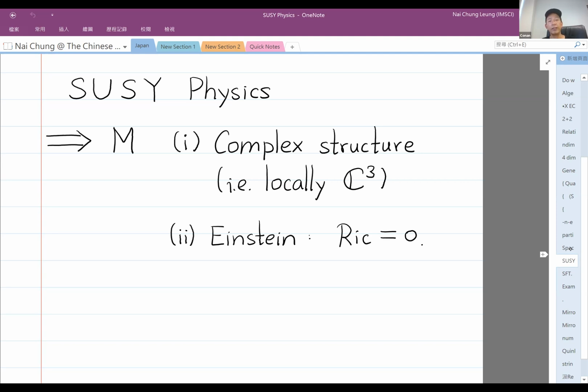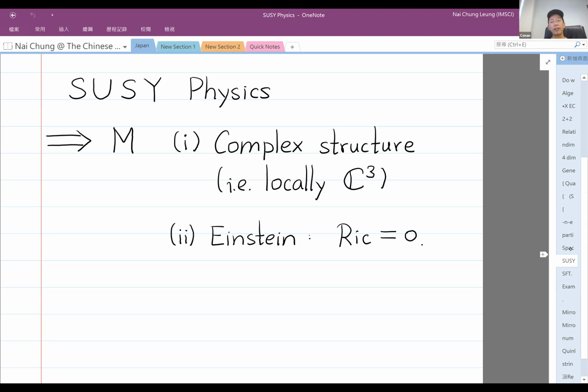In our case, the space is 6 dimensions. Locally, for the complex structure, each complex space is 2-dimensional, because you have 1 and i. So for 6 dimensions, we have 3 copies of C. So we're at C3, which is complex 3-dimensional, which is real 6-dimensional. And you also have to satisfy the Einstein equation with the Ricci curvature equal to 0.